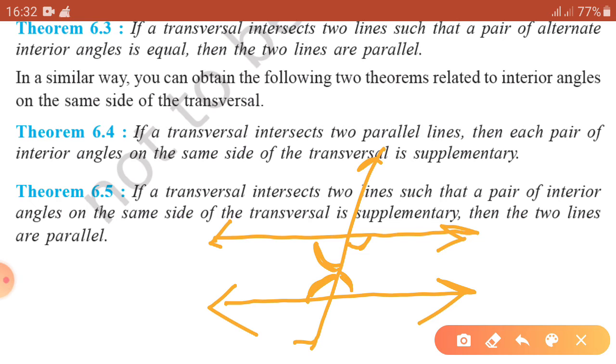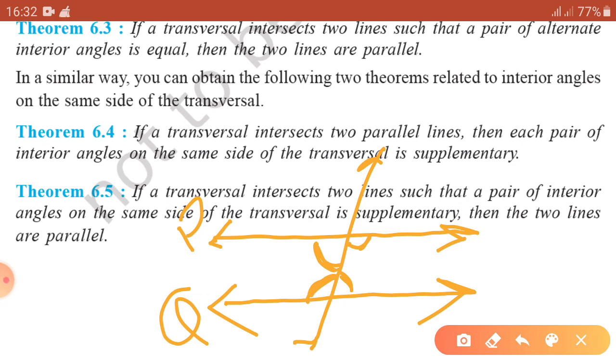So if a pair of alternate interior angles is equal, then we can say that these two lines, line P and line Q, are parallel. So two lines are parallel if a pair of alternate interior angles is equal.